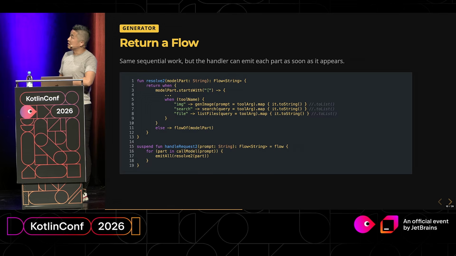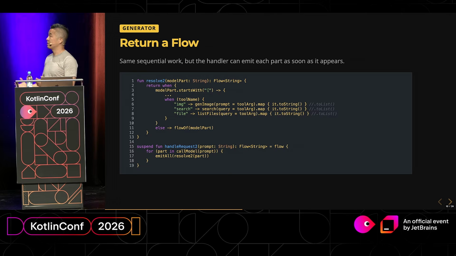To solve that, there's a pattern we can use. That's a generator. In Kotlin, a generator is just a function that returns a flow. It seems trivial, but if you think of it this way, you will see this pattern repeat itself many times. We'll see that later.